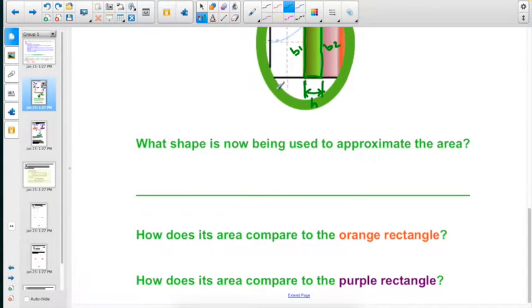Since we're now focusing on this trapezoid here, we notice that the trapezoid is bigger than the orange. So we know that the trapezoid is bigger than the orange rectangle.